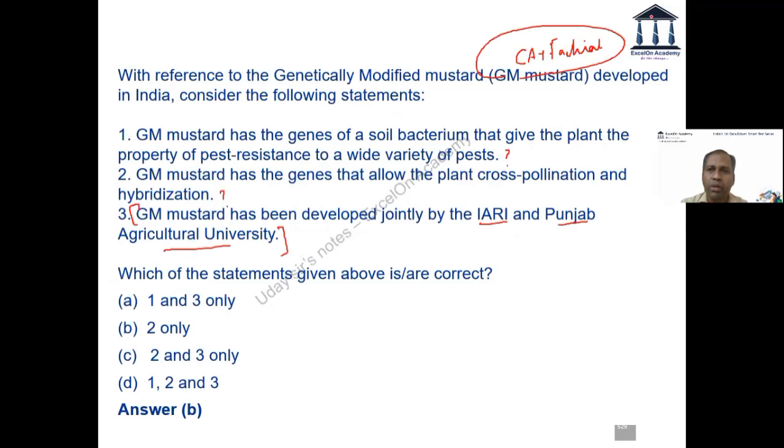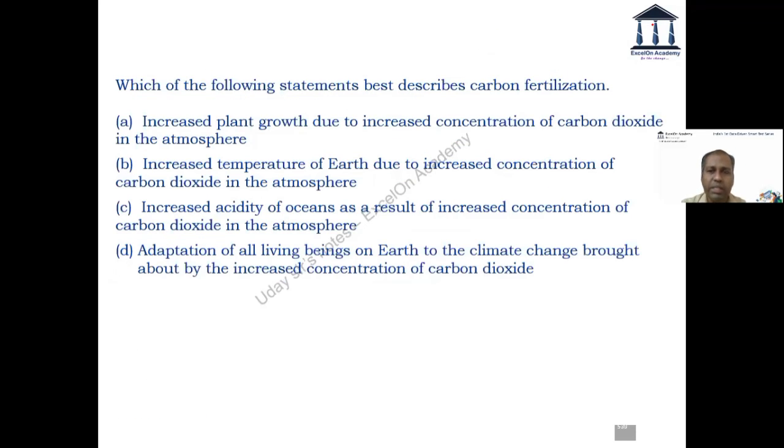Which of the following statements best describes carbon fertilization? Carbon fertilization. I don't think we have discussed this term in the class. Nevertheless, let's look at the options. Increased plant growth due to increased concentration of carbon dioxide in the atmosphere. First I'll try to see if this is logically true.